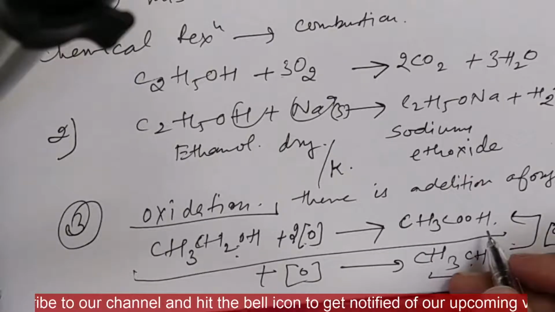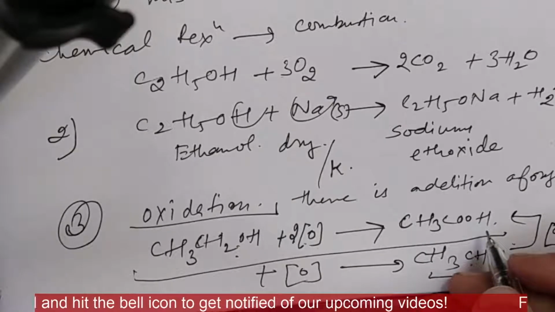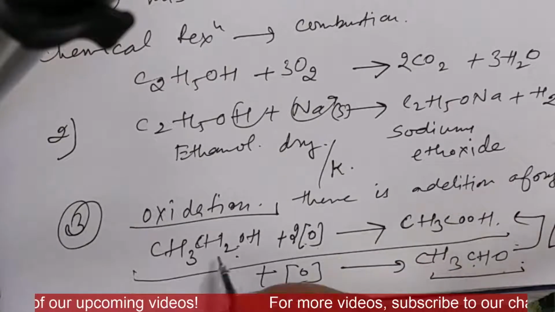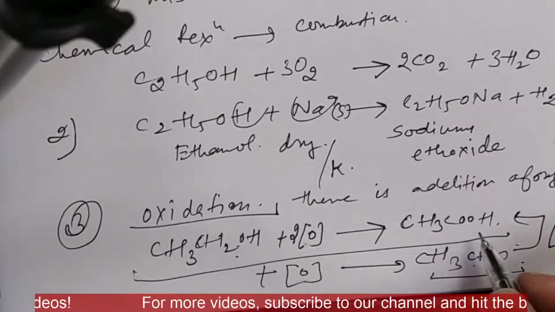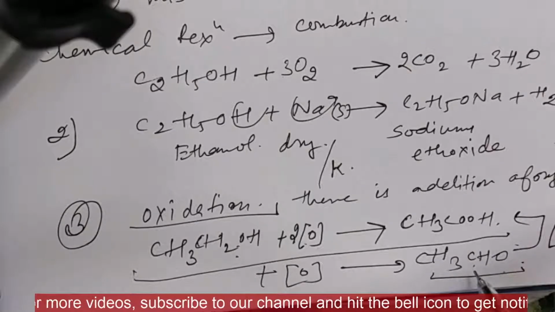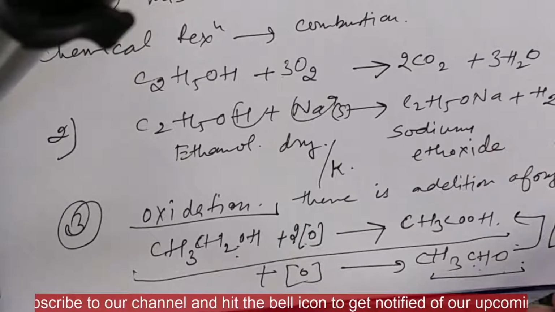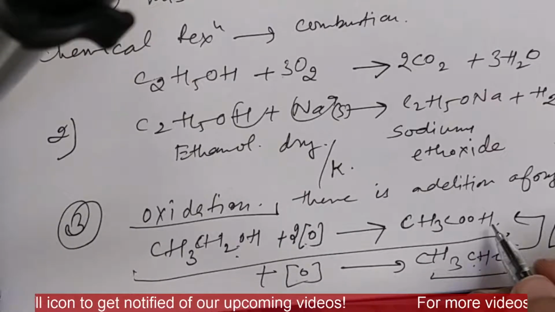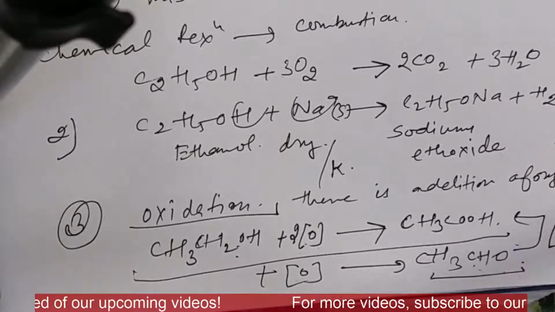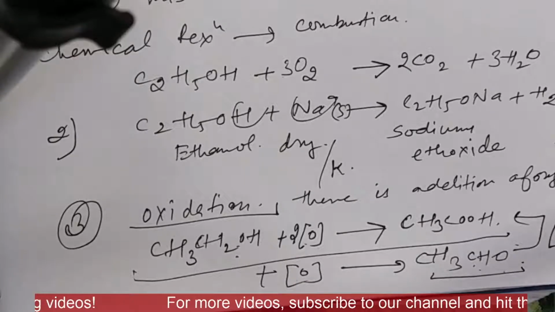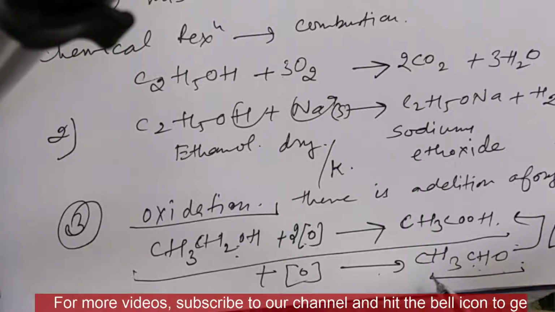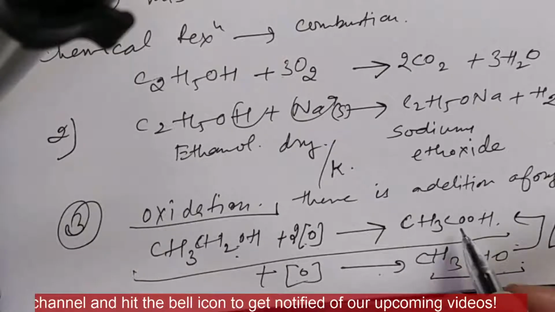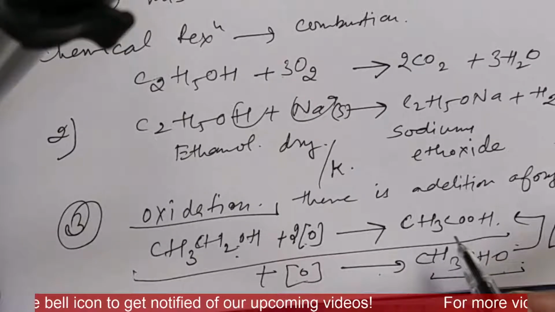This means 2 moles of nascent oxygen will convert ethanol into ethanoic acid. If you add 1 mole, it will give the aldehyde; adding a further 1 mole of nascent oxygen gives ethanoic acid. In this manner, partial oxidation, which is the aldehyde formation, or complete oxidation, in which acetic acid is formed, can be done.